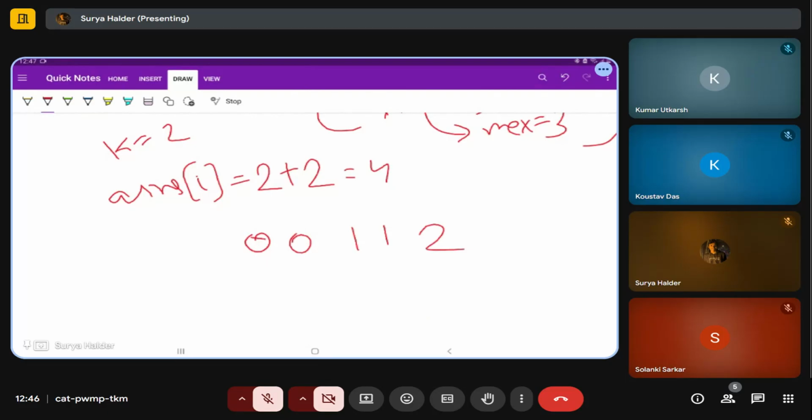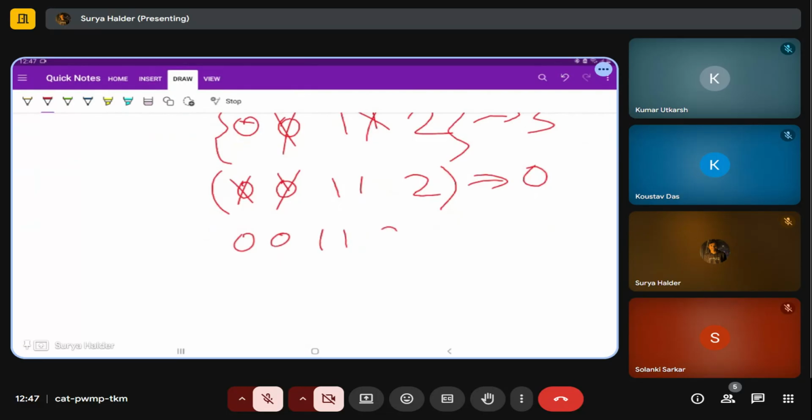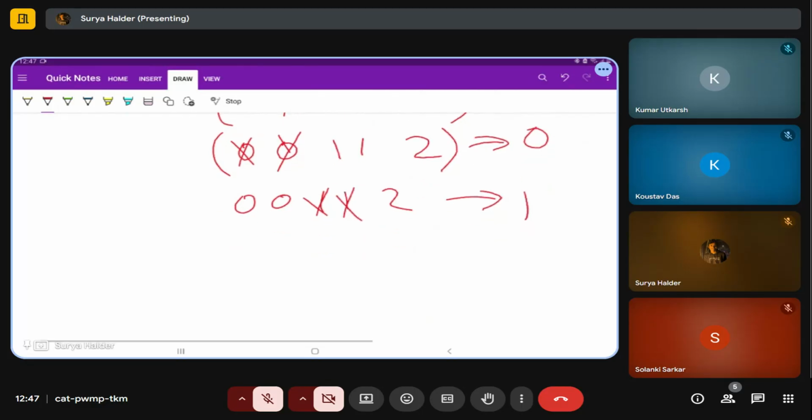So if I remove this one and this one, then my max remains as 3. If I remove this 0 and this 0, then my max becomes 0. If I remove two ones, then my max becomes 1. If I remove this 2 and any 1, or this 0 also you can remove, either you remove 1, then also you will be having max left as 2.